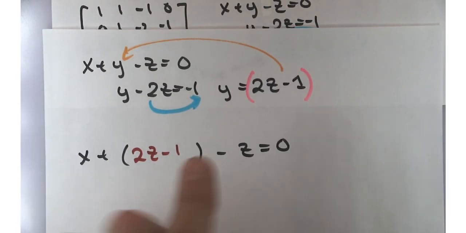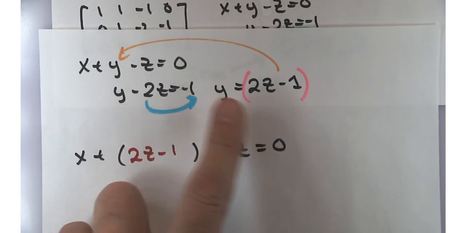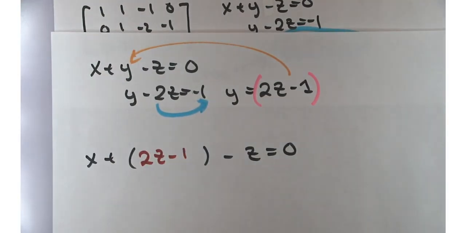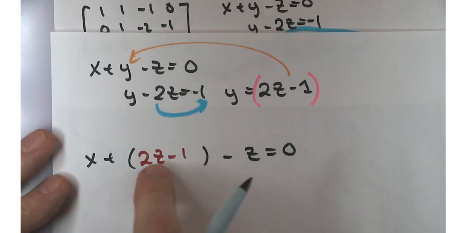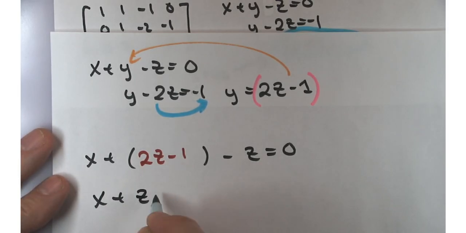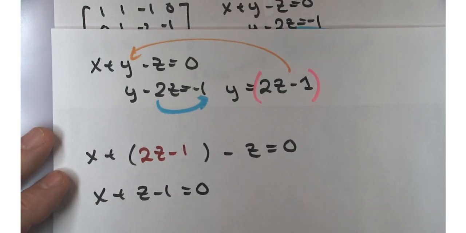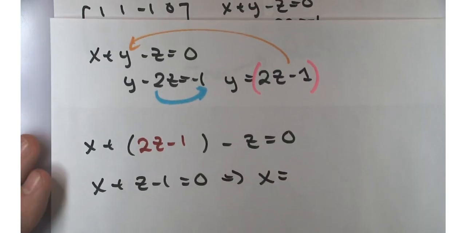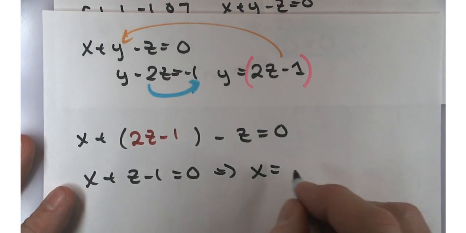So all I did is I solved for y from this equation. I'm going to plug that in here. And that's going to give me, well, if I combine like terms, I get x plus z minus 1 equals 0. If I move these to the other side, what do I get for x? Negative z plus 1.